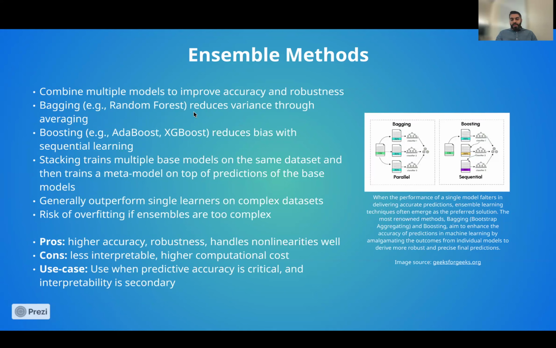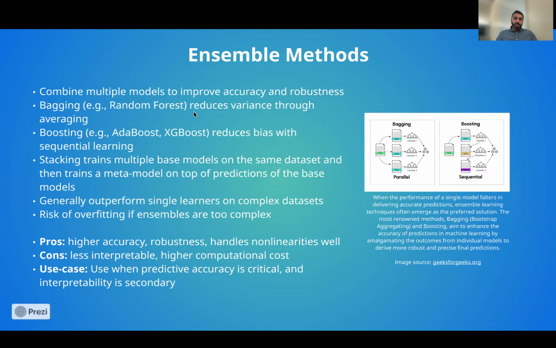So, like I mentioned earlier, we've got a couple of slides on ensemble methods. So I'm going to go over those. And the idea behind an ensemble method is pretty simple, right? The idea is to just put together multiple models, and basically, it's called wisdom of the crowd, right?